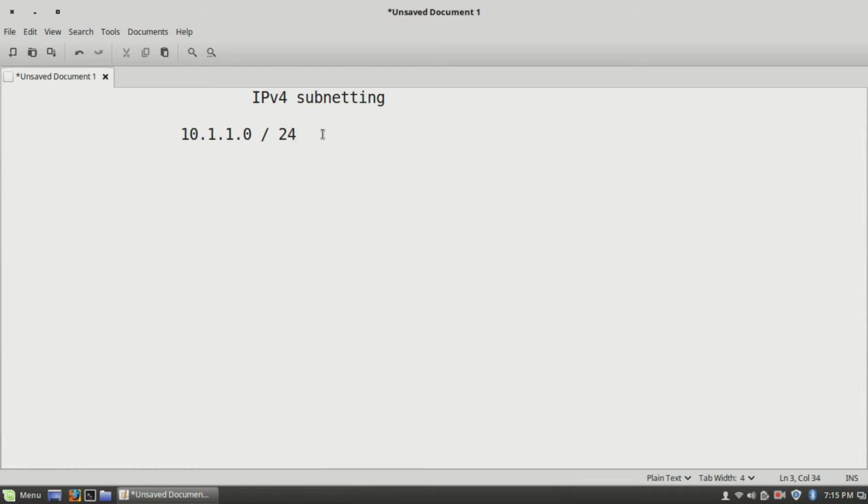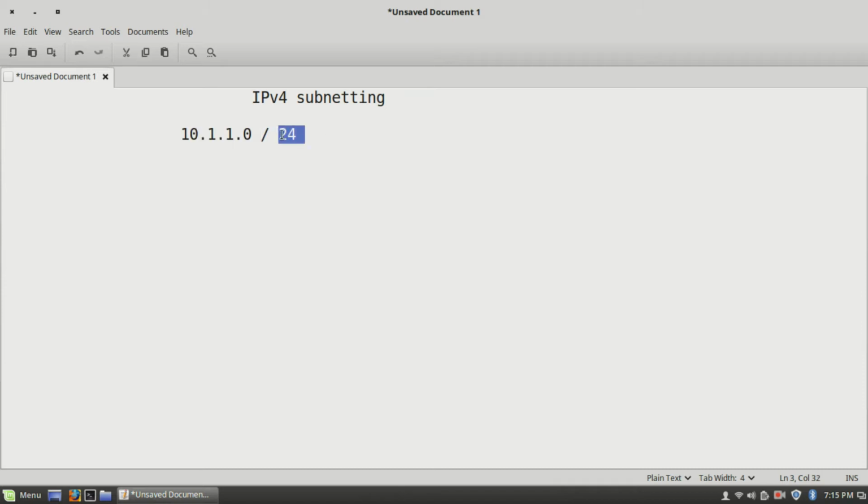Depending on the values of these octets, we'll get to know what kind of address this is, whether it is a network address, a broadcast address, or a valid host.